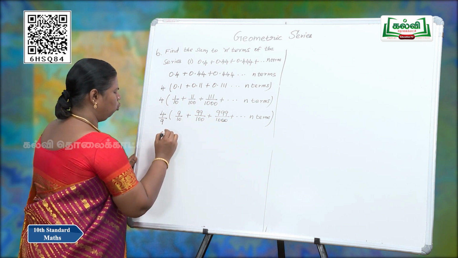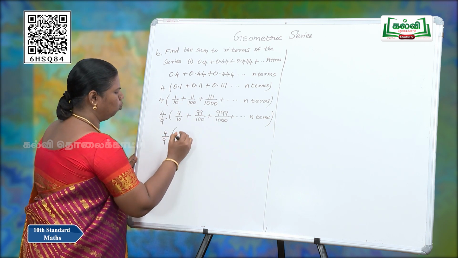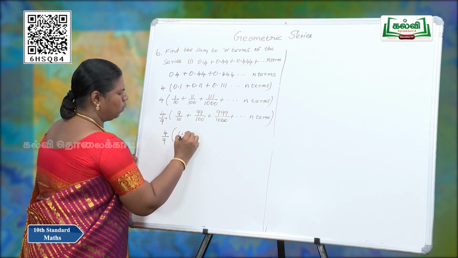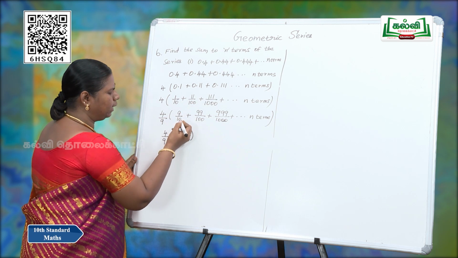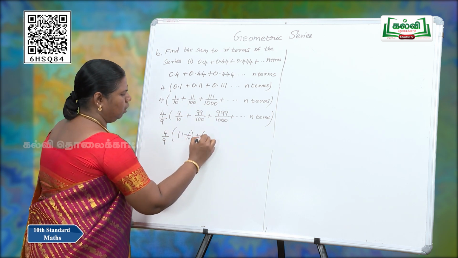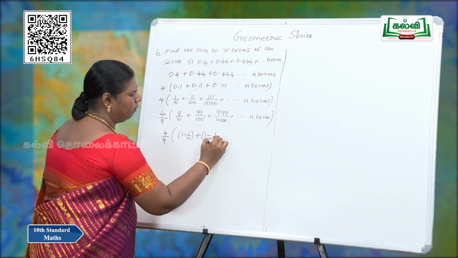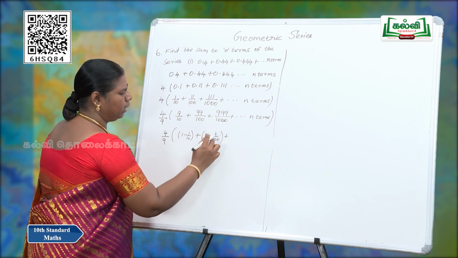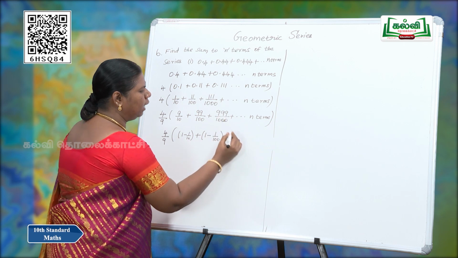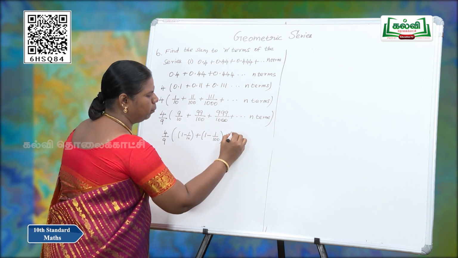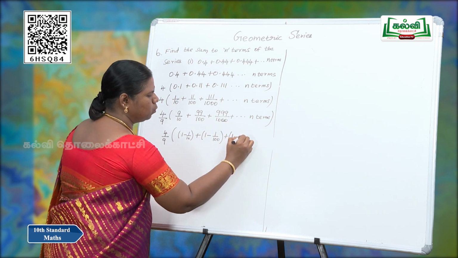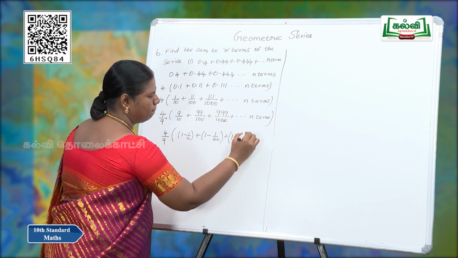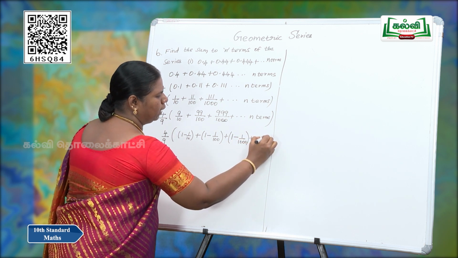So, 4 by 9 into 1 minus 1 by 10 plus 1 minus 1 by 100 plus 1 minus 1 by 1000 up to so on to n terms.